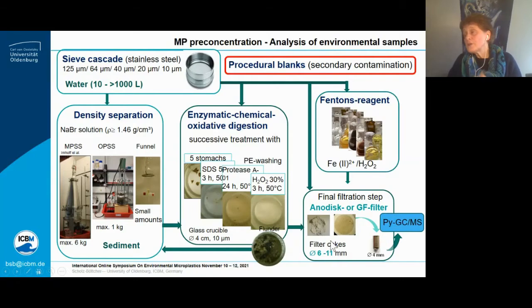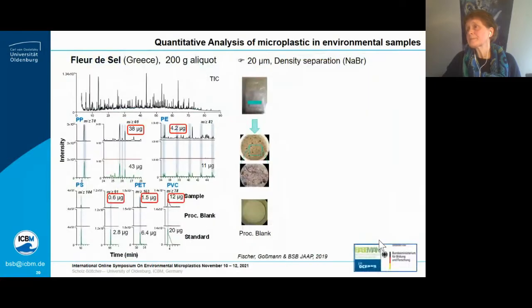In the end, we concentrate our samples on Anodisc filters if we measure them in a sequence with FTIR measurements, or on glass fiber filters, and then put them in our cups for measuring with pyrolysis GCMS.